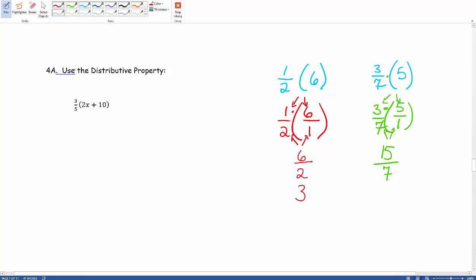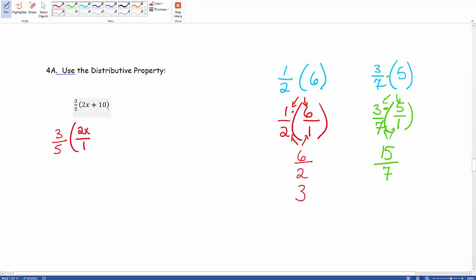Now let's use that to help us with problem 4a. We have a fraction outside, 3/5, and we are multiplying it by this 2x plus 10. We can rewrite that 2x as 2x over 1.